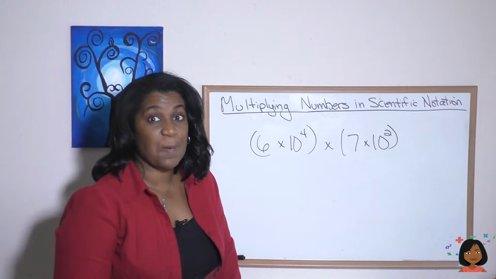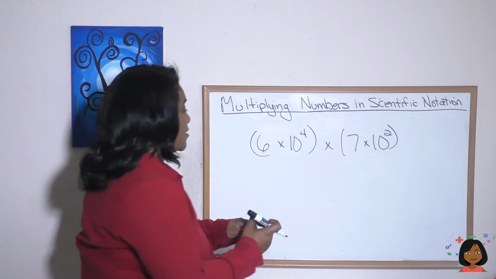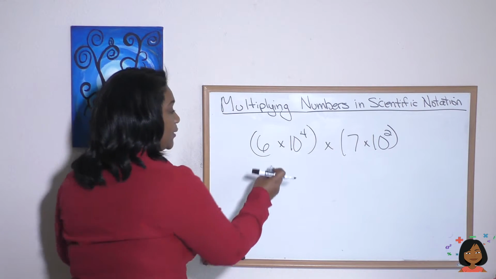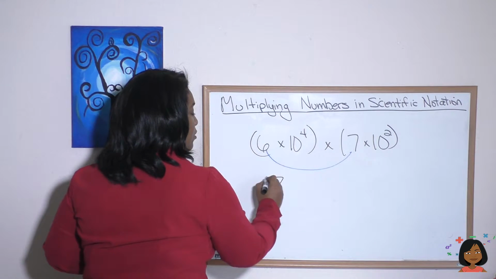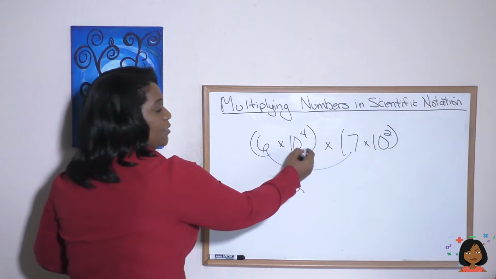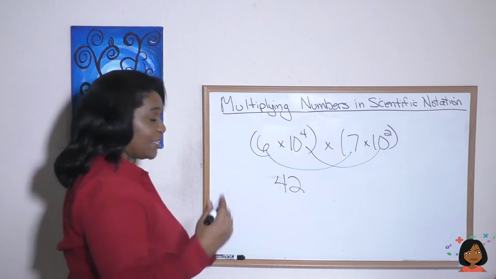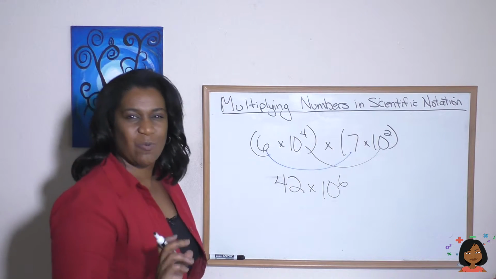Take a look at this example. It's a little bit more difficult than the one I just showed you. The process is still the same, but we're going to add a little something at the end. First, we're going to start with the whole numbers. 6 times 7 is 42. And then 10 to the 4th times 10 squared is 10 to the 6th. But wait a second, are we done?